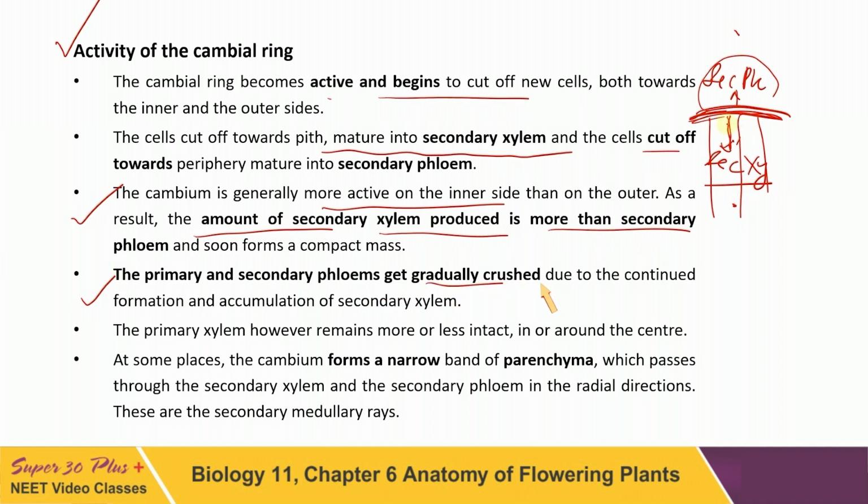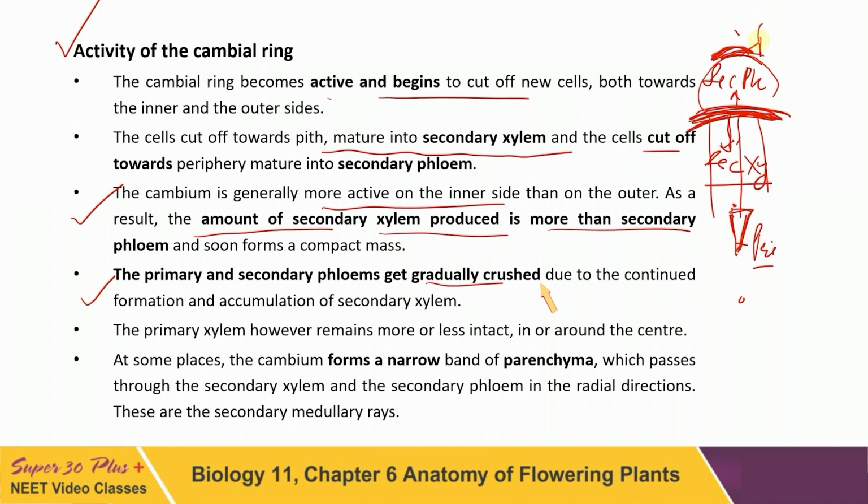If this is the vascular bundle, that was the primary xylem here, and that was the primary phloem, and this is the vascular cambium inside the vascular bundle, then what will happen? Because of the formation of secondary xylem, the primary phloem will be shifted towards the outside.